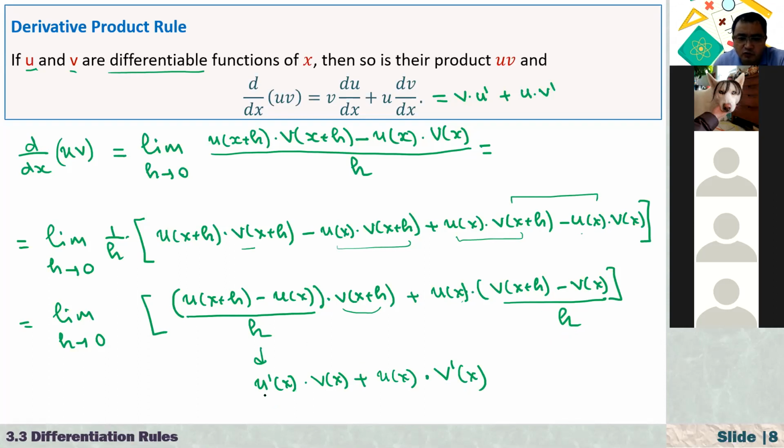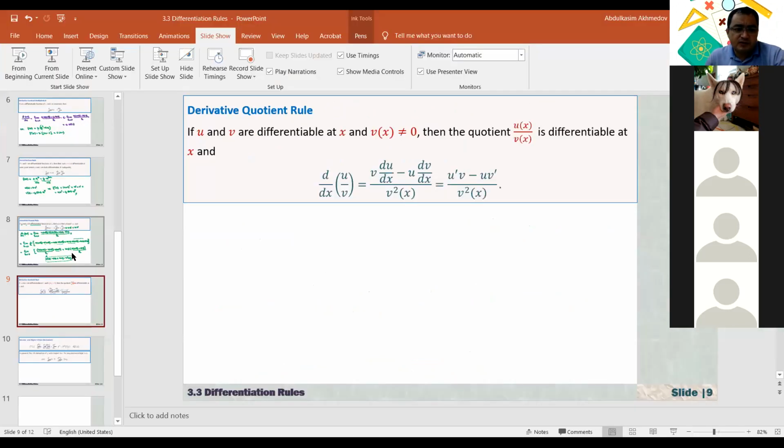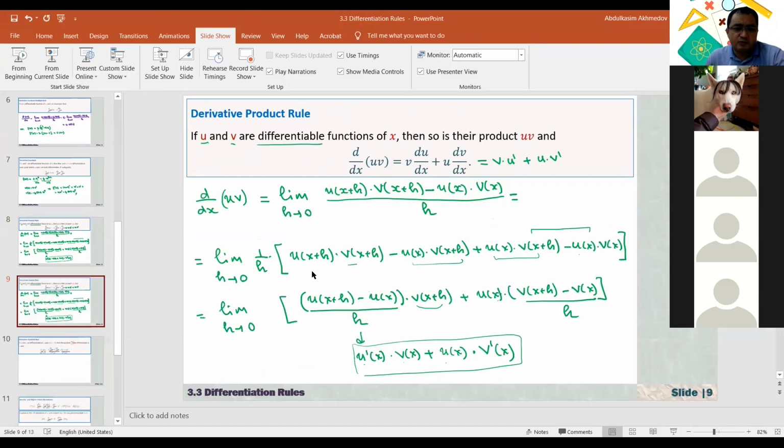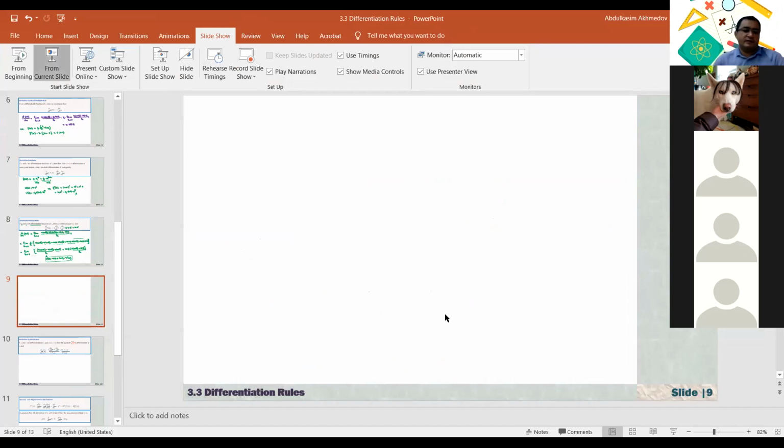So the formula is u prime v plus u v prime: the derivative of the product of two functions is v times u prime plus u times v prime. Before I continue, let's see a few examples, then we will move to the next one.